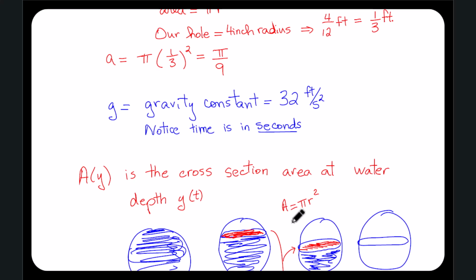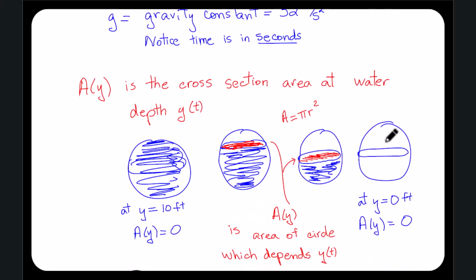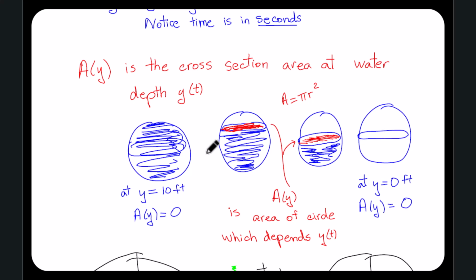So A of y is the important part. It's the cross-section area of the tank at the water depth of y of t. So what do I see? Well, initially we're here, and the area at that depth is 0 because it's full of water.